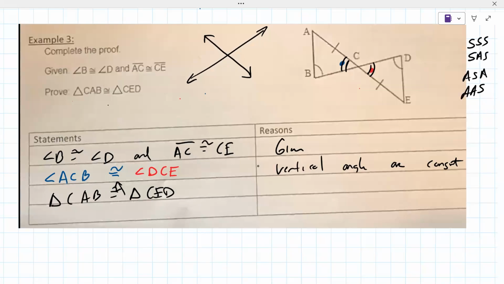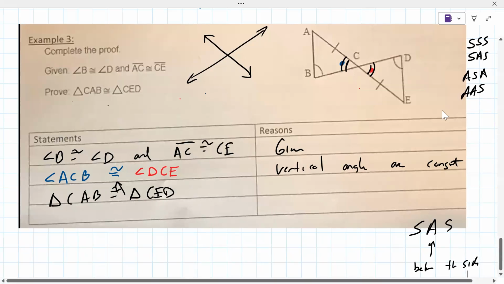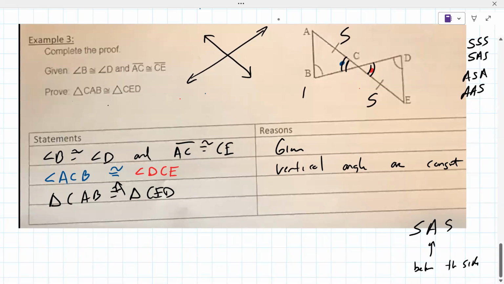It's your responsibility to remember those and get those down. Wouldn't it be side angle side again? SAS requires the angle to be between the sides. Is that the case? I only see that you have one side in each triangle. Side and side, angle and angle.